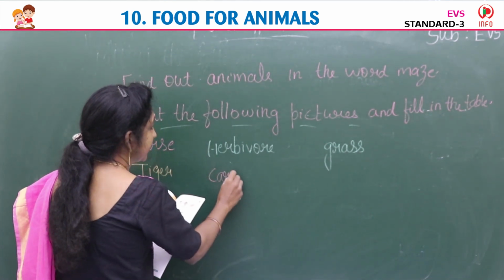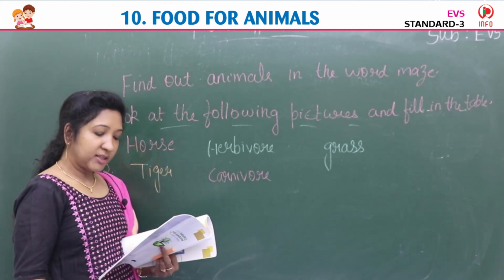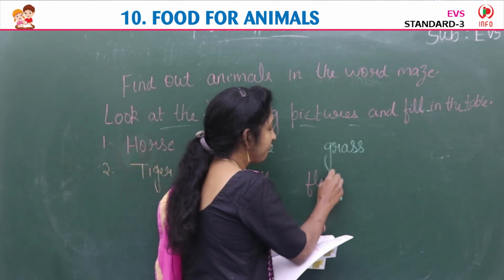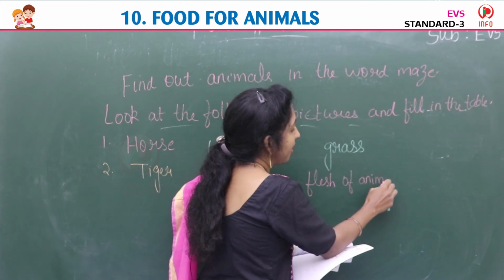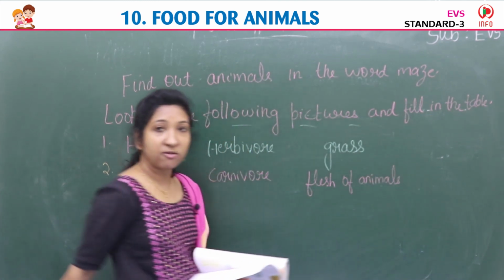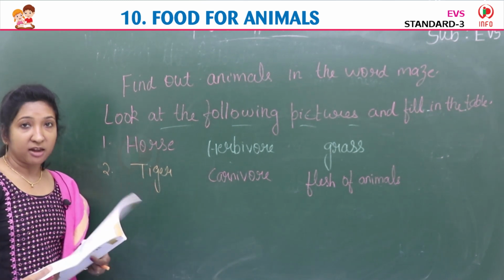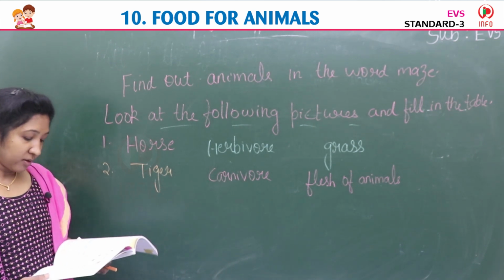Okay. Tiger is a carnivore. Okay. What food they eat? They eat the flesh of animals. Okay, children. So the second picture is tiger. It is a carnivore. Tiger eat flesh of the animals.